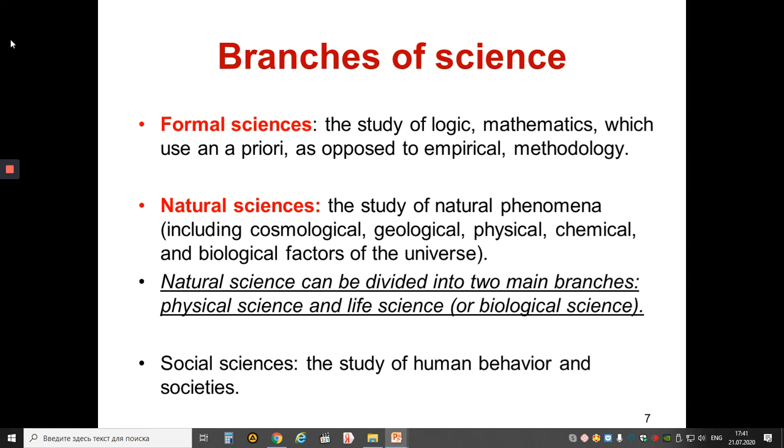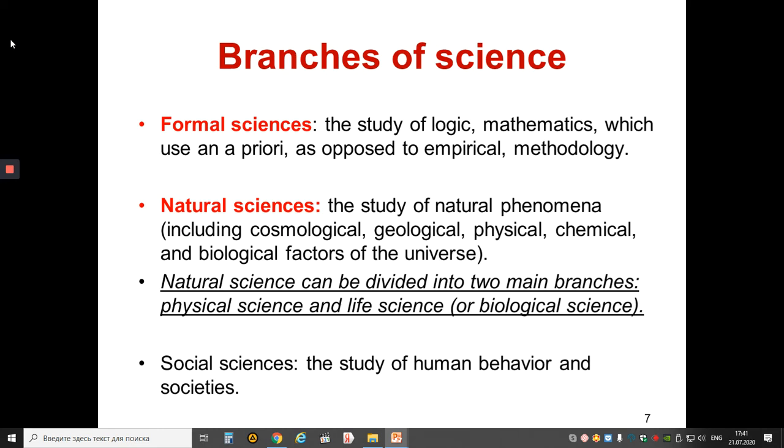Natural science, the study of natural phenomena, including cosmological, geological, physical, chemical, and biological factors of the universe. Natural science can be divided into two main branches: physical science and life science, or biological science. And finally, social sciences, the study of human behavior and societies.